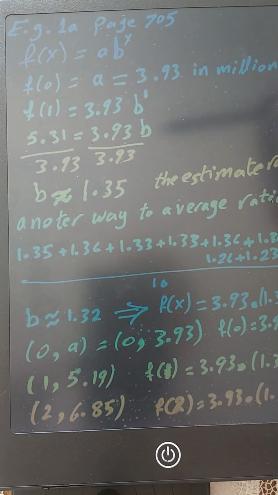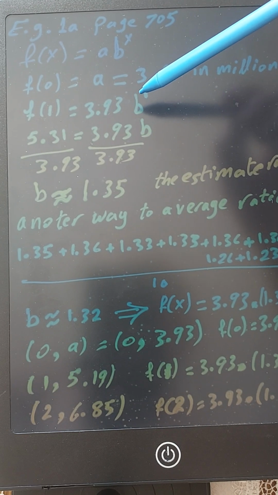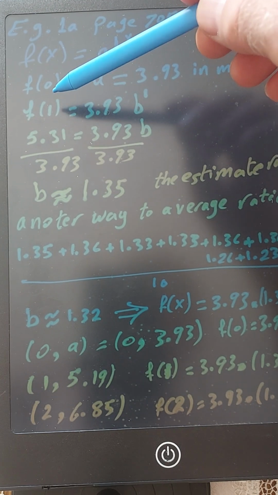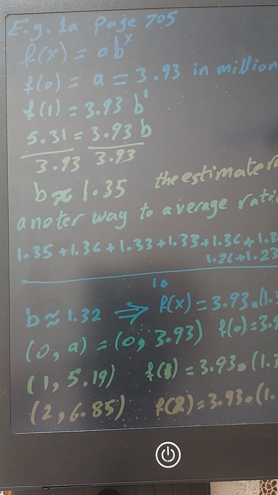If we take f(1), that will help us determine what rate was used for the population increase in 1800.